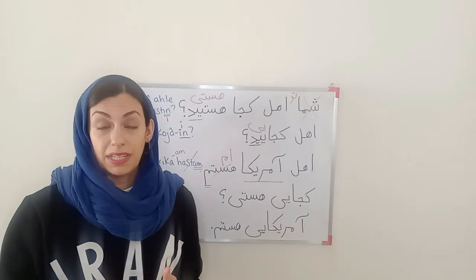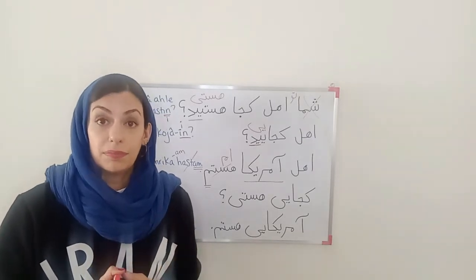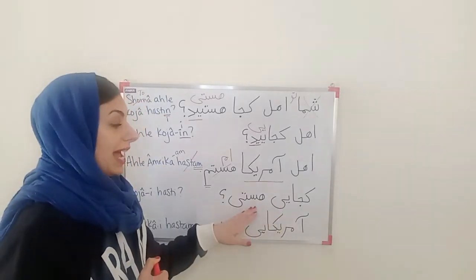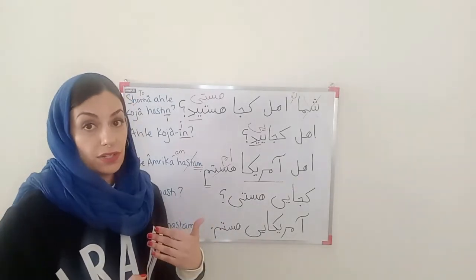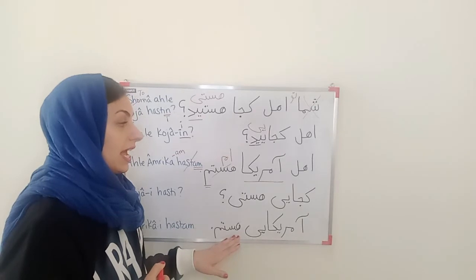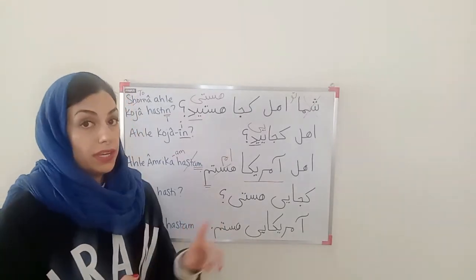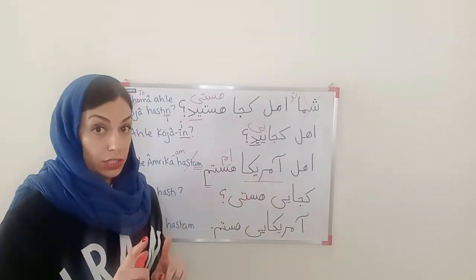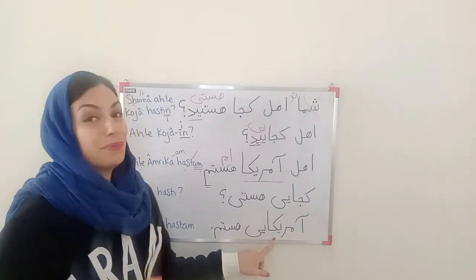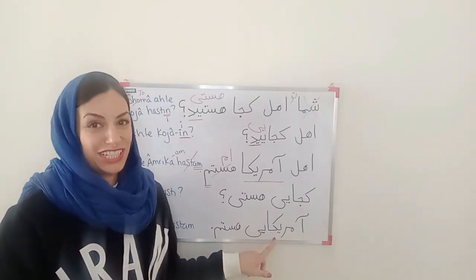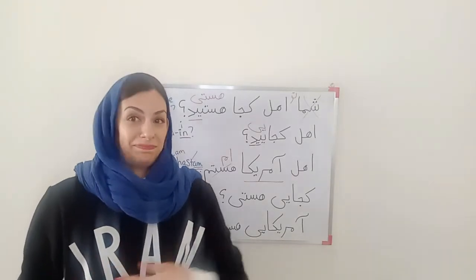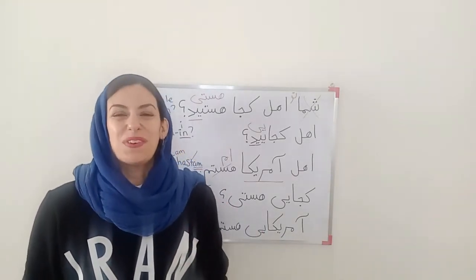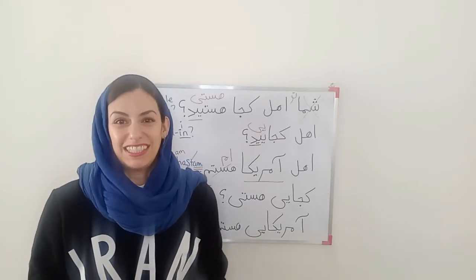Another less formal way to ask this question would be simply to ask kojai hasti. And I would answer, for example, Amrikai hastam. So here I said Amrika, which is our country. Here I said Amrikai, which is our nationality. So I could say Ahle Iran hastam or Irani hastam.